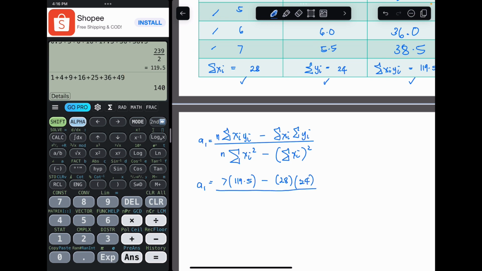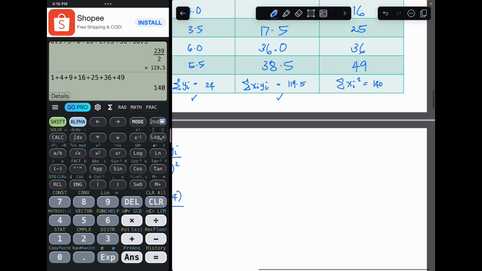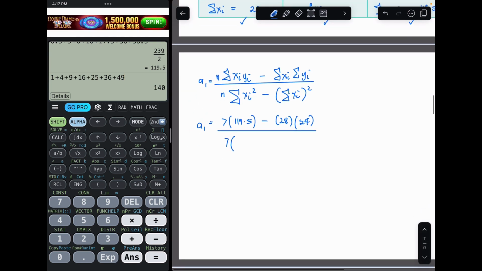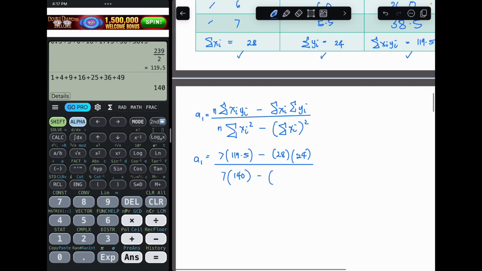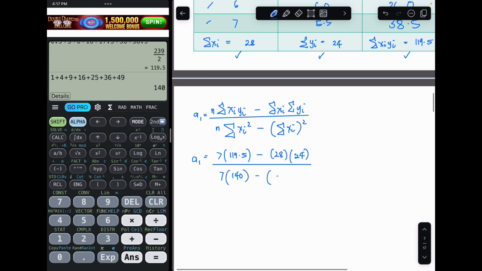So divide it with 7 times the summation of x sub i squared, which is 140, then minus the summation of x sub i squared, which is 28 squared.